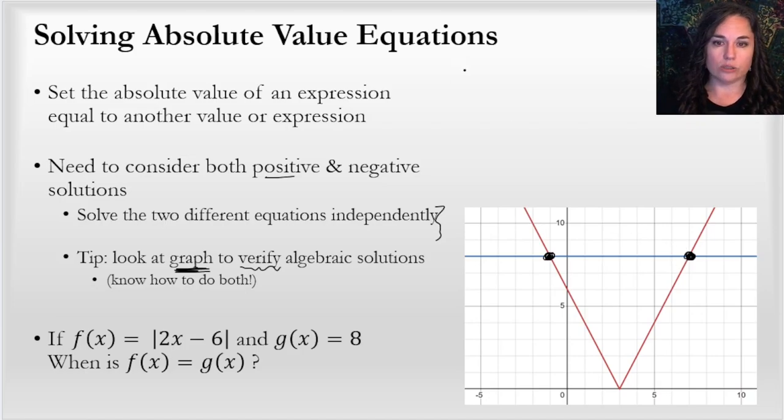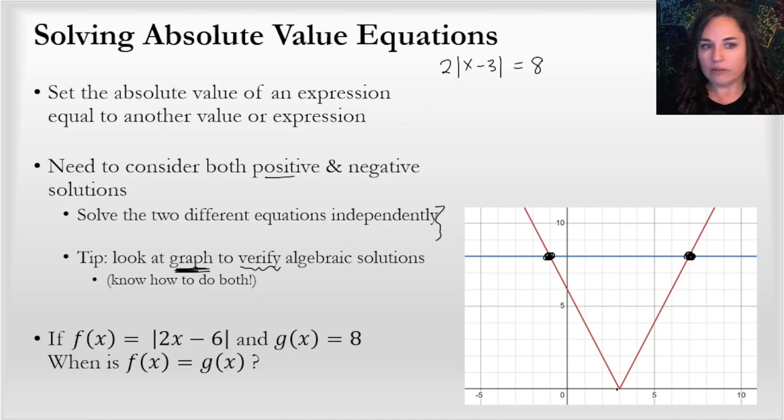Let's solve with algebra. I'm going to pull out a 2 from that absolute value: 2 times the absolute value of x minus 3, and then I'm going to set that equal to 8, right? I'm just solving for when one function equals another. I'm going to put an equal sign there.